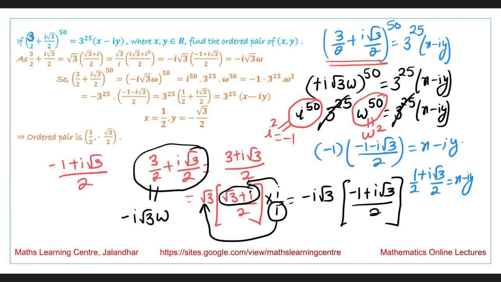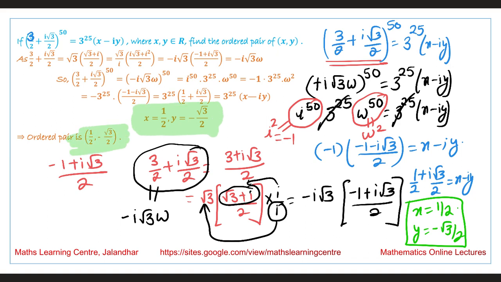So what we obtain is that x is equal to 1 by 2 and y is equal to minus root 3 by 2. So the ordered pair x comma y has this value.